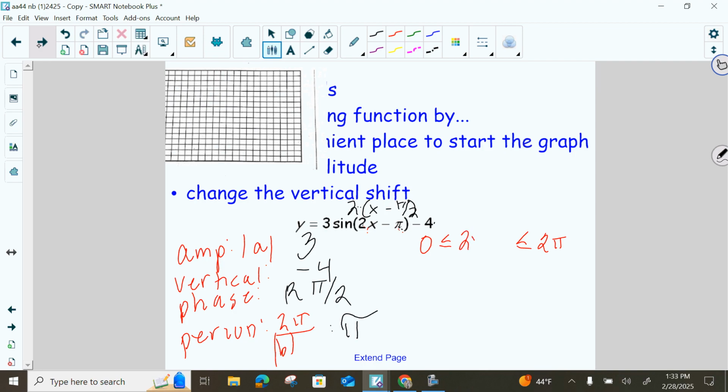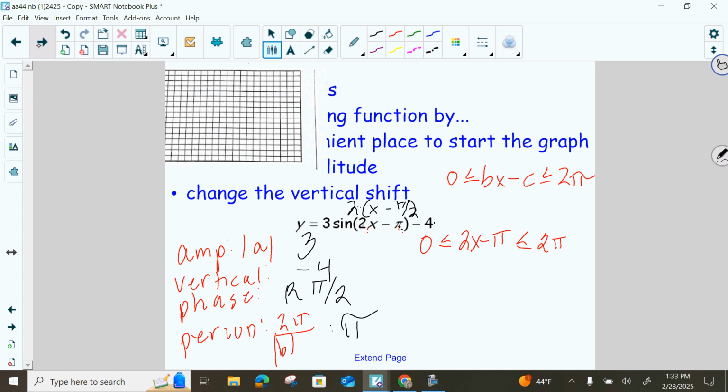So what you're going to do is take that B and C part, factored or unfactored, it doesn't matter, and put it in between 0 and 2 pi. So we're going to make 2 changes: the phase shift change and the horizontal dilation change.